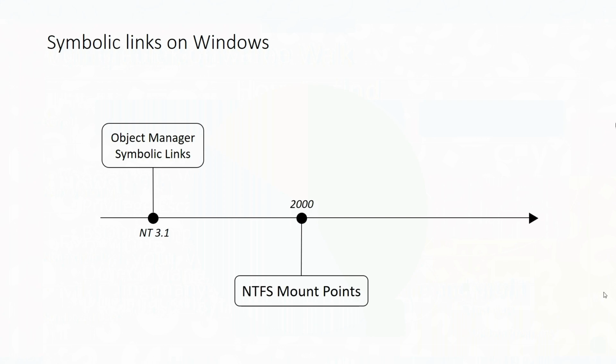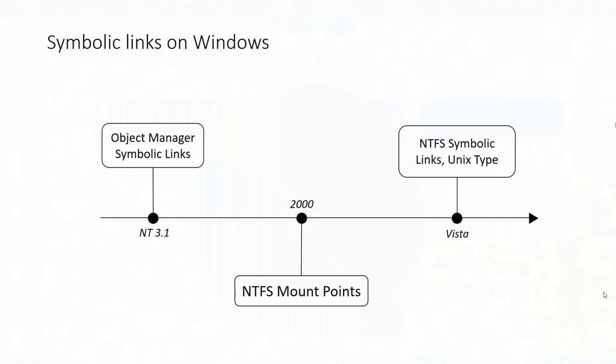The second, or rather the third type of symbolic link is the NTFS mount point, or directory junction. There is a small difference between them. NTFS mount points were first introduced in Windows 2000. They allow the system to have a directory-like symlink. Now, both the creation of a symbolic link and an NTFS mount point do not require special privileges and can be done by a regular user, a thing that is not true for NTFS symbolic links, which were introduced only in Windows Vista.